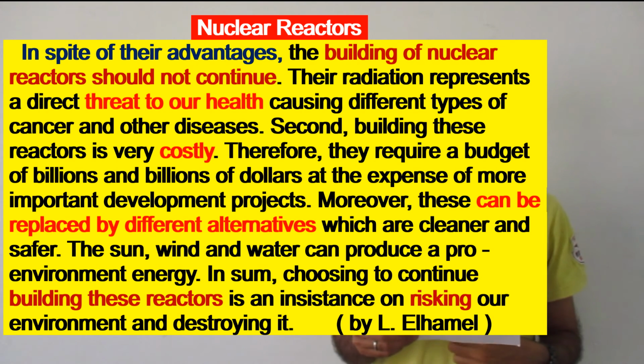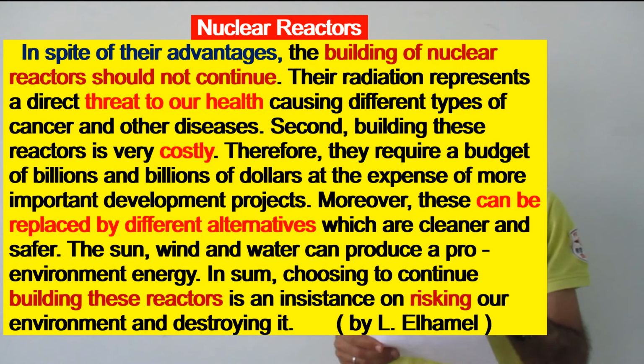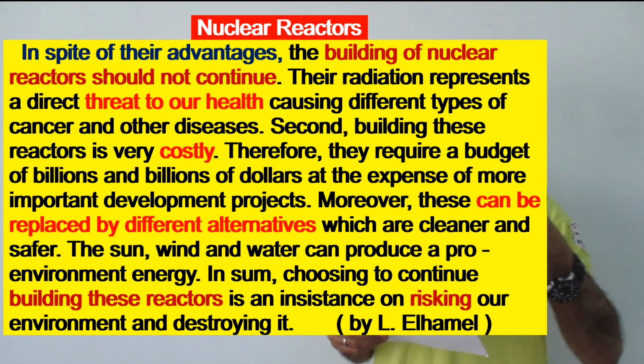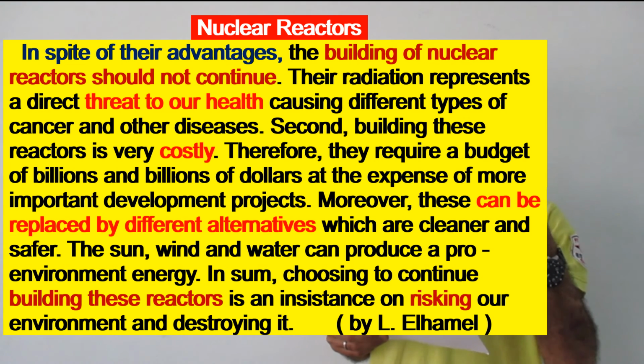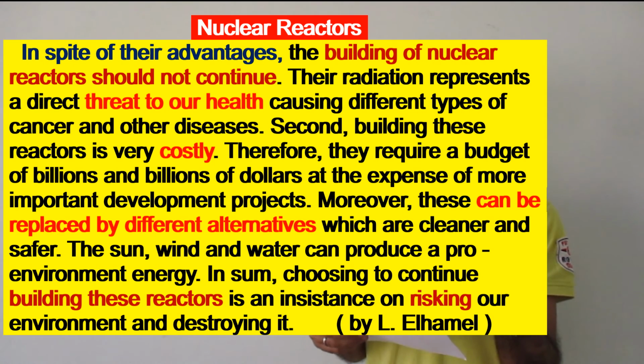Right. First, these reactors are very dangerous. Number one, first proof, argument is they are dangerous. The radiation represents a direct threat to our health, causing different types of cancer and other diseases. The risk and danger, number one, first proof, first argument. Second one, building these reactors is very costly, expensive.